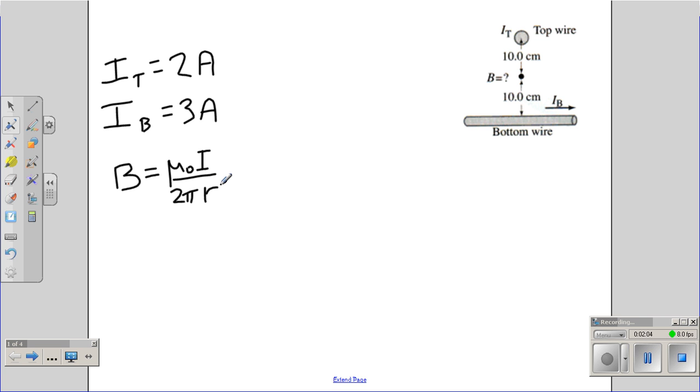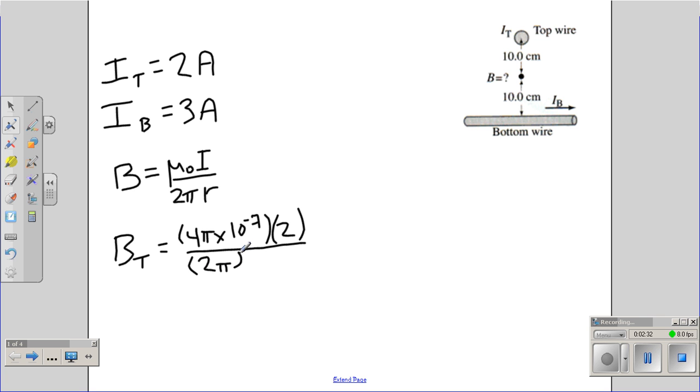For example, to calculate the magnetic field coming from the top wire, we would simply put in 4 pi times 10 to the minus 7, multiplied by the current in the top wire, 2 amps, divided by 2 pi and 0.1 meters.